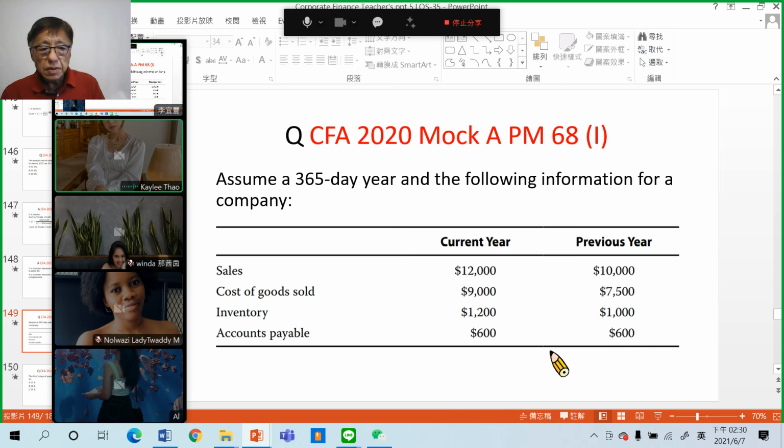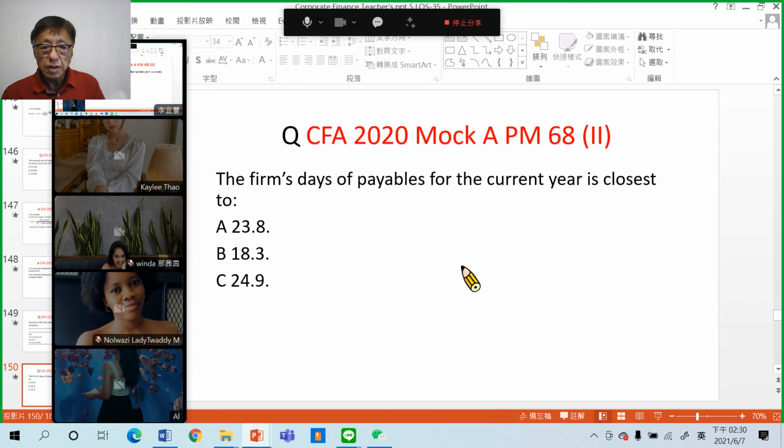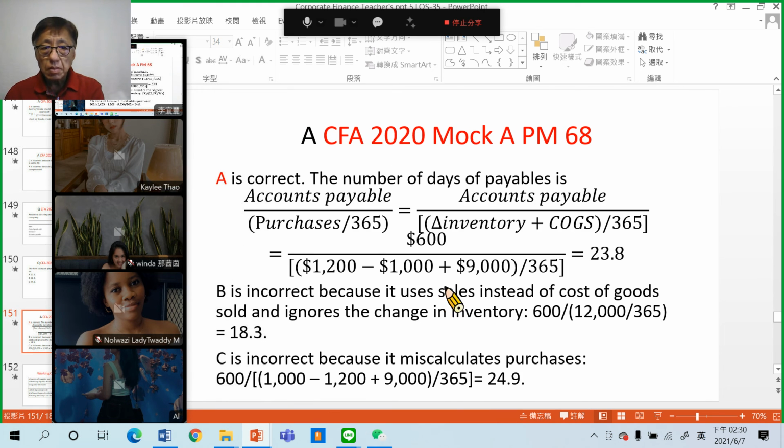And the next slide is the question. The firm's number of days of payables for the current year is closest to, and I got the answer A, 23.8. The formula is: number of days of payables equals accounts payable divided by the quotient of purchases and 365.